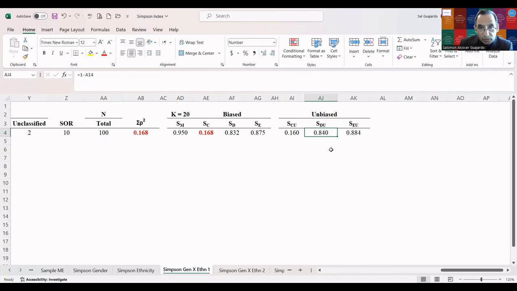So that means that there's an 84% chance that if I randomly select 2 individuals, they will be of the same gender and ethnic group. To obtain the unbiased standardized score, it is the 0.84 divided by the 0.95. So I have 0.84 divided by 0.95. And then the cell in the spreadsheet is going to be AU4 divided by AD4. Again, that's if the groups are listed in a row.